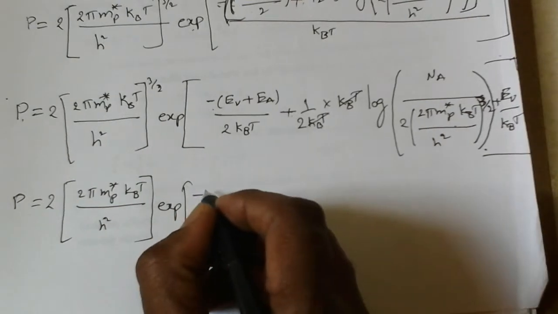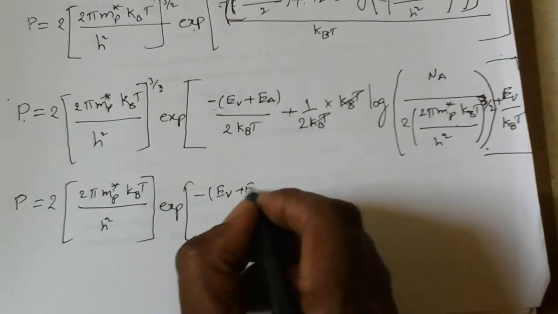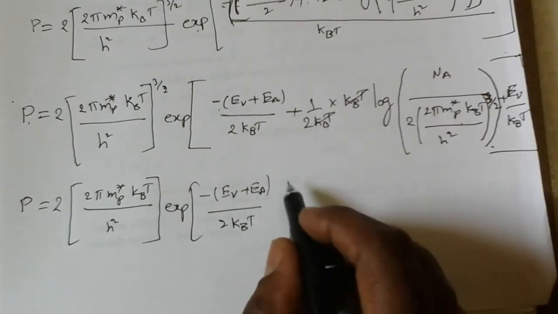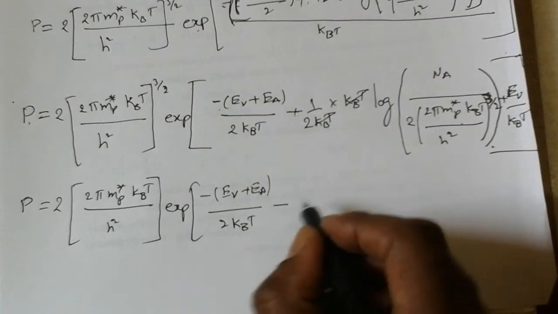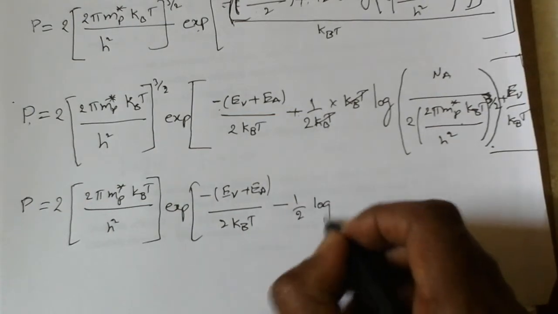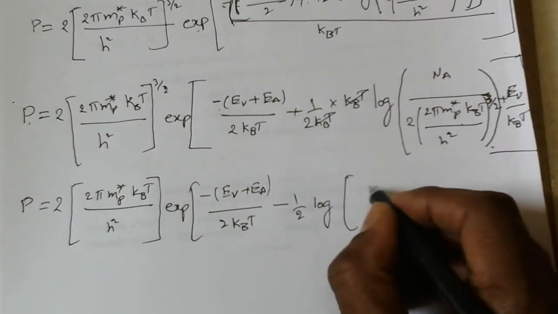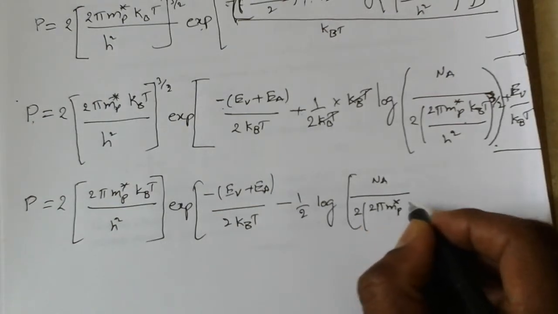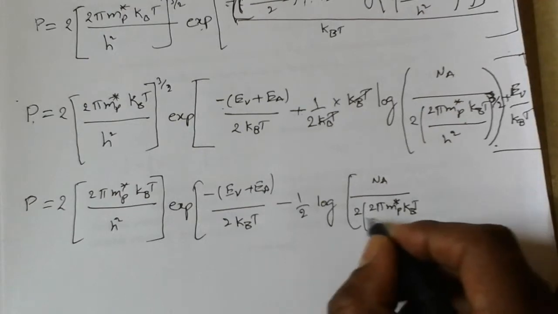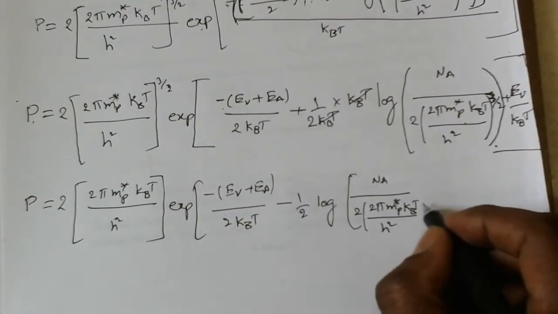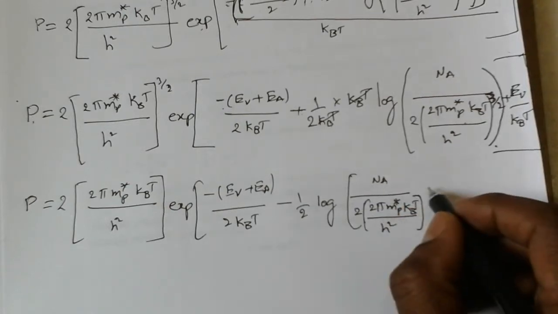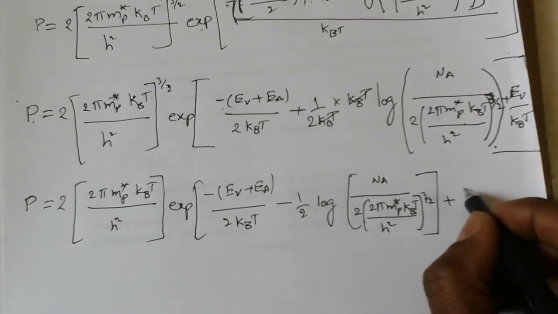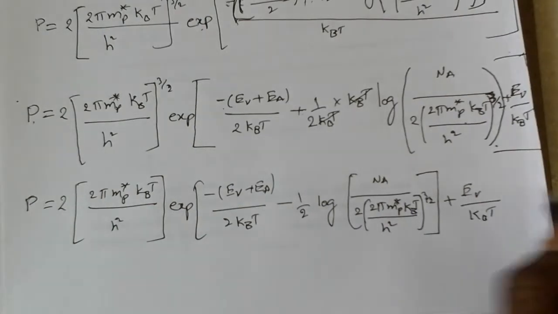We are getting minus of (EV plus EA) by 2 kBT minus of log of NA by 2 into (2 pi mp star kBT by h square) whole power 3 by 2, plus EV by kBT.